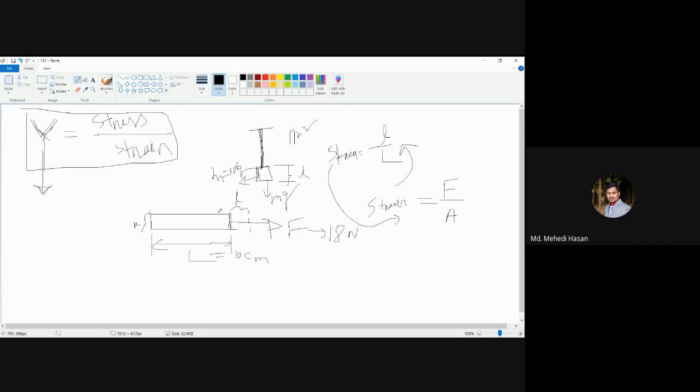In that case the expansion is 2 centimeter, the height of the object is say 1 centimeter, and the radius is 0.5 centimeter. In that case you have to find the stress and strain equations, and also the elastic constant Y. Is it clear?